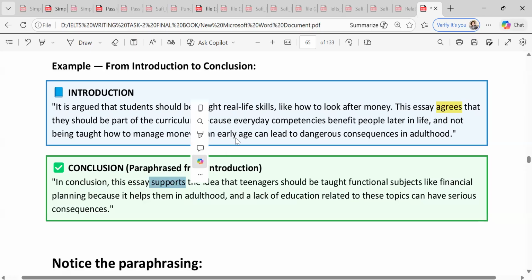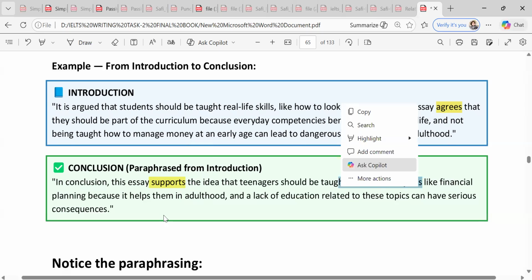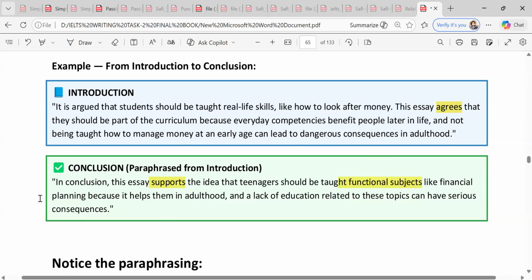Same idea, but in different words. The idea that teenagers should be taught functional subjects, like financial planning.